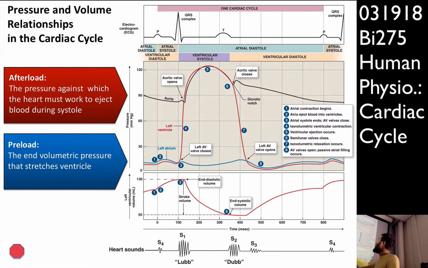So both the ventricle and the atrium are in diastole. The heart is at rest right now because we're in the middle of that long calcium-induced refractory period. This is where we have the calcium plateau.